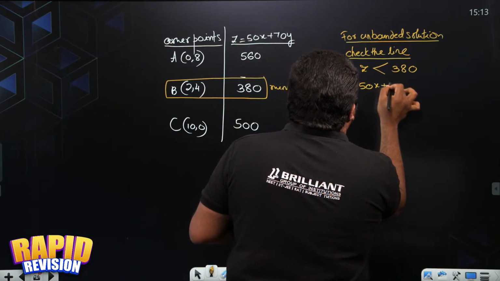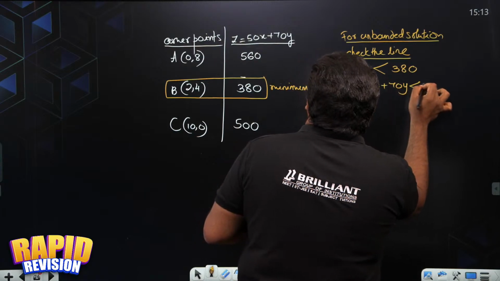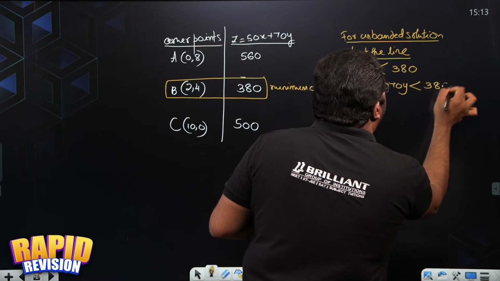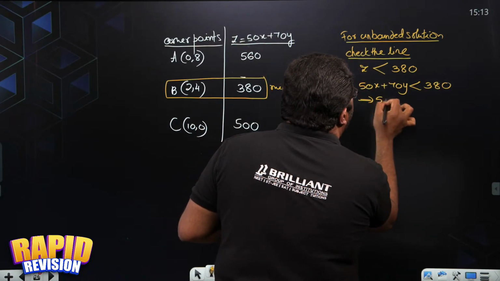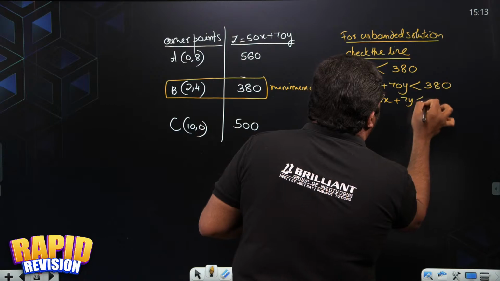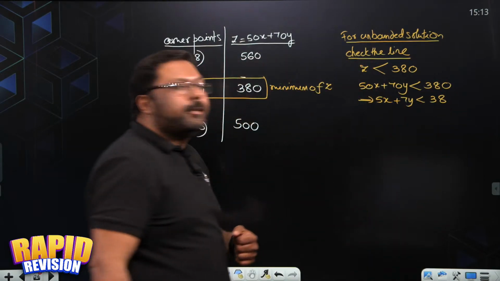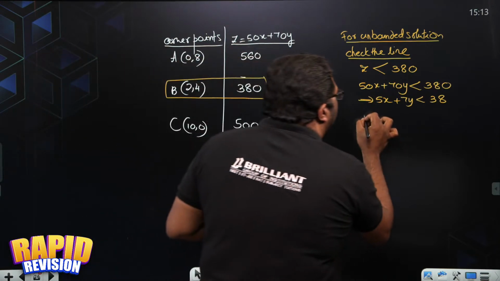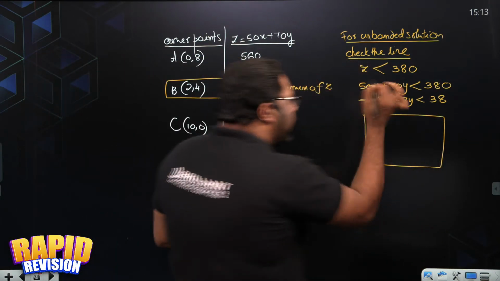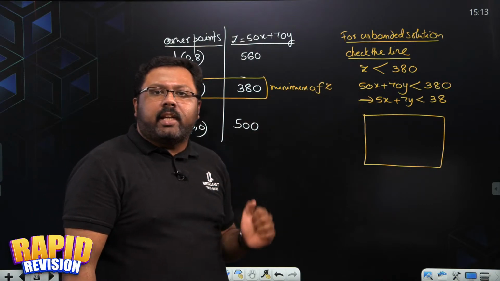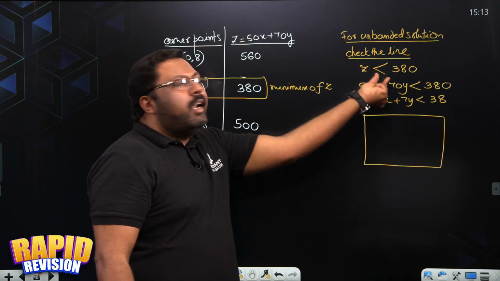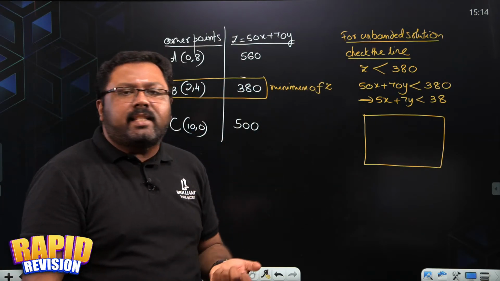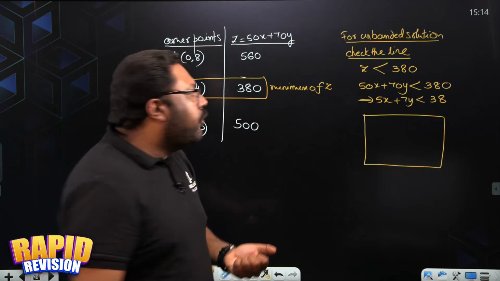So what is z? 50x plus 70y less than 380, that is actually 5x plus 7y less than 38. Now you have to draw a line for this. It's a new constraint: z less than the minimum value.